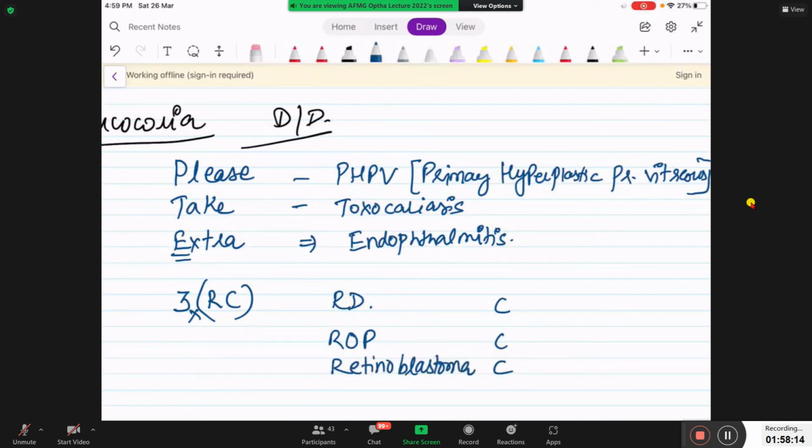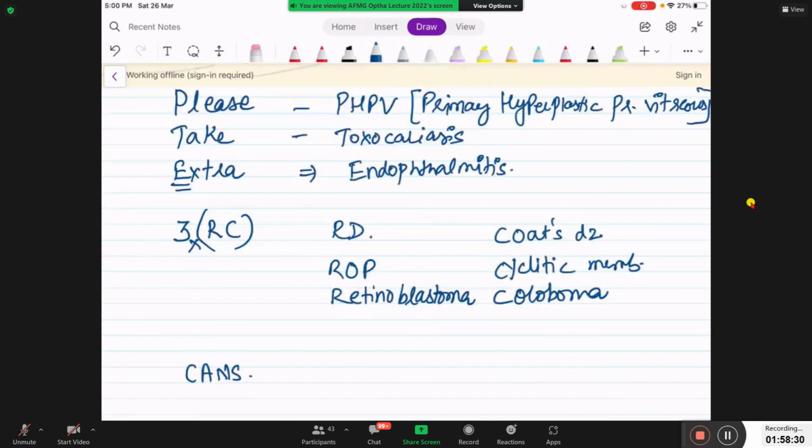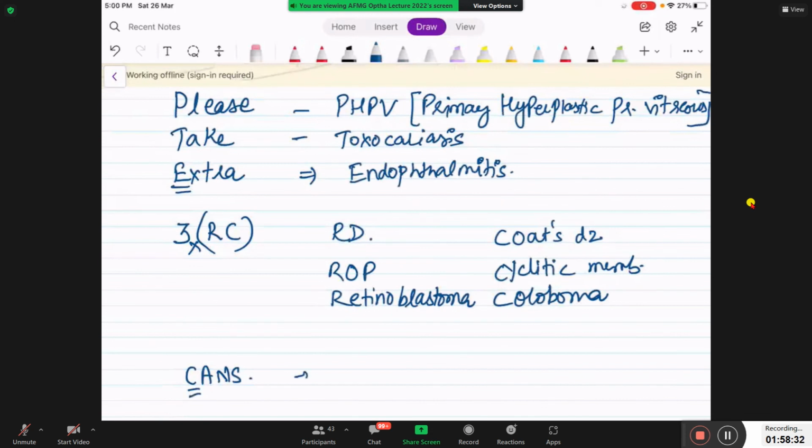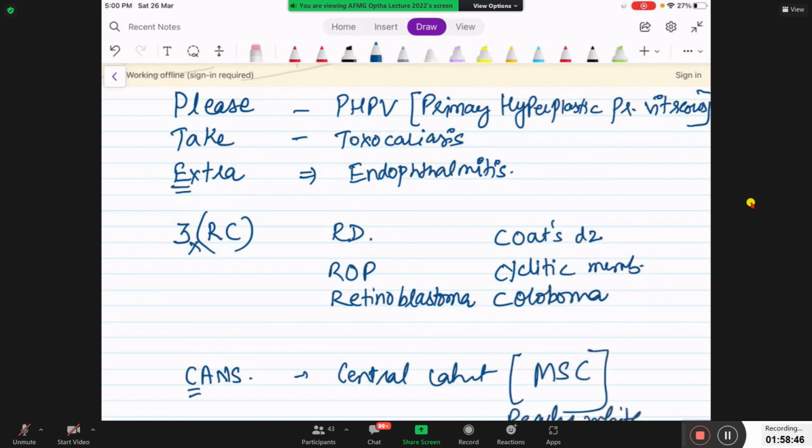3 C's. C, Coats disease, cyclitic membrane, coloboma, and CANS, C stands for central cataract, like mature senile cataract, because it is pearly white in color.